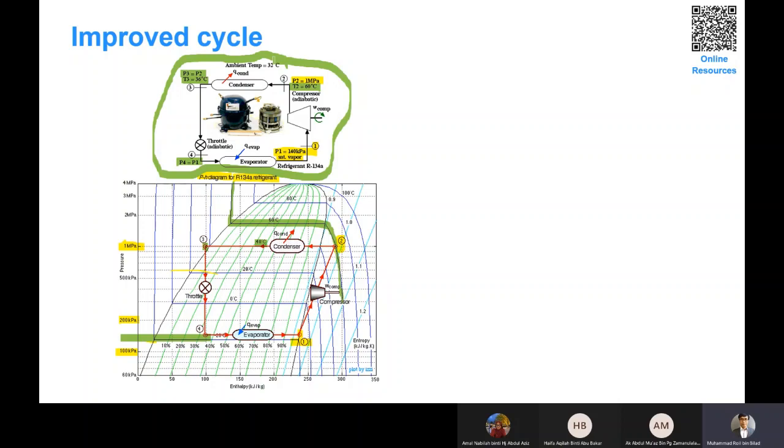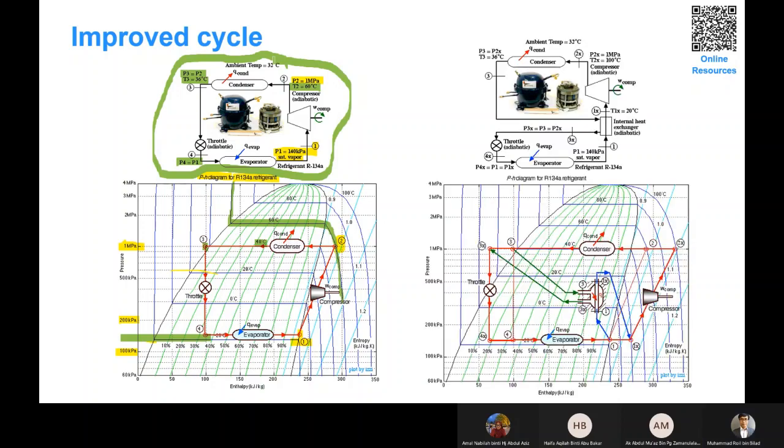So now we have a condition where we add an internal heat exchanger. Remember when we do this one, point 1 is the same as before. Because we heat it further, you already have vapor. Now you heat the vapor.